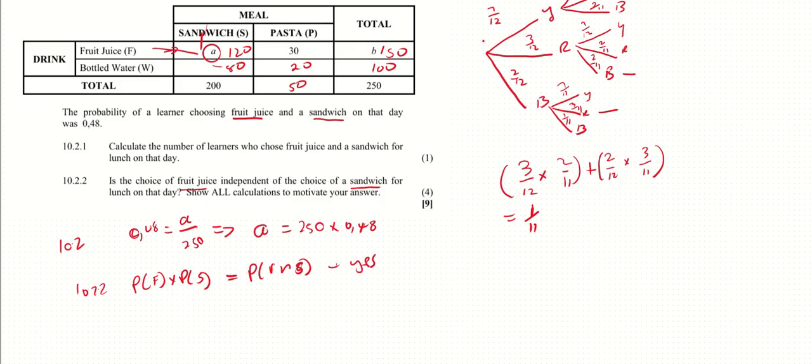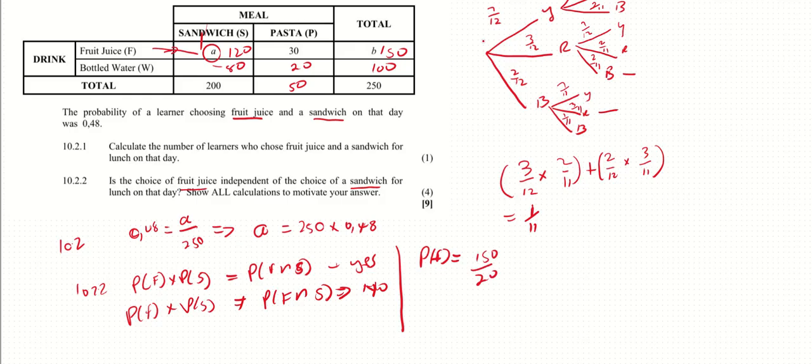If it is, the answer is yes; if not, the answer is no. The probability of fruits is 150 over 250, which is 3 over 5.